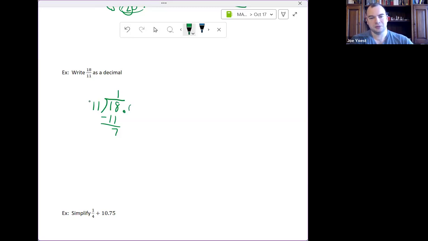Or if I want to write it as a decimal, I turn my 18 into 18.0, bring the 0 down. I also encounter my decimal, so I bring my decimal up. 11 goes into 70. Well, I think that's 6 times. 6 times 11 is 66. So we get 4 left over. Not a remainder of 0 yet.